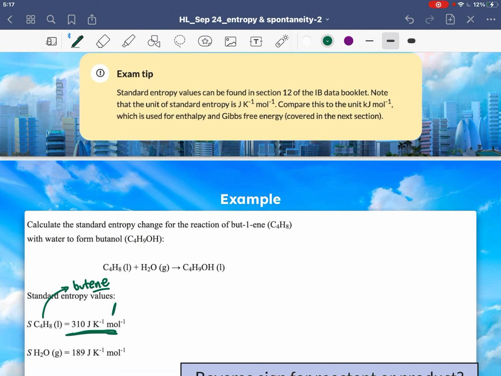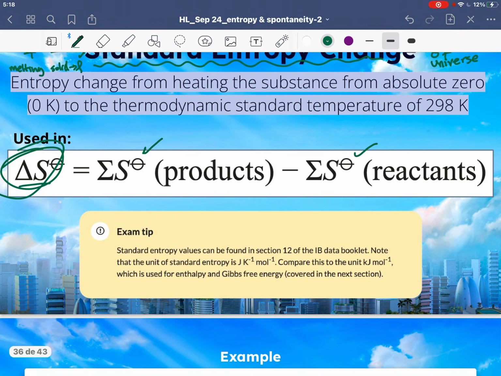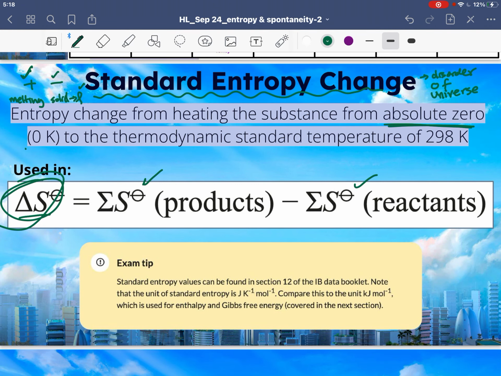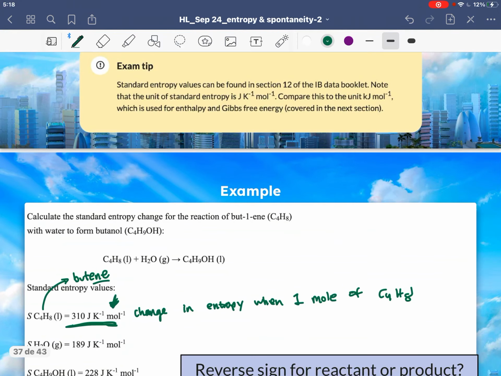Well, this is the change in entropy when 1 mole of C4H8 is heated from absolute zero to the thermodynamic standard temperature of 298 K. So change in entropy when 1 mole of C4H8 is heated from 0 K to 298 K.